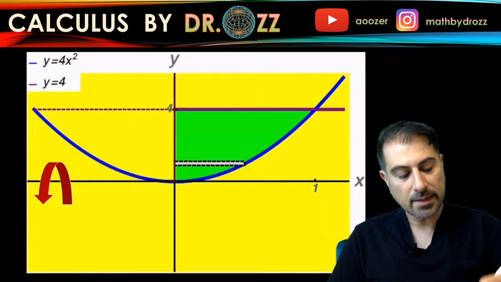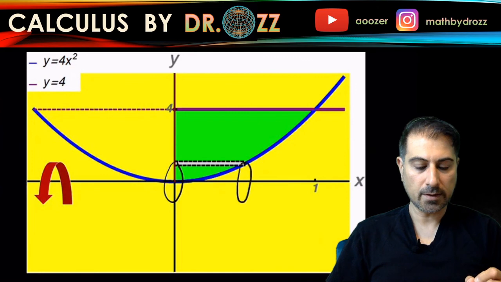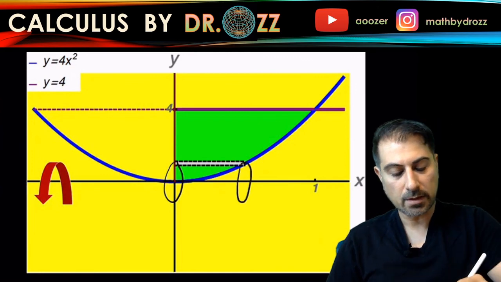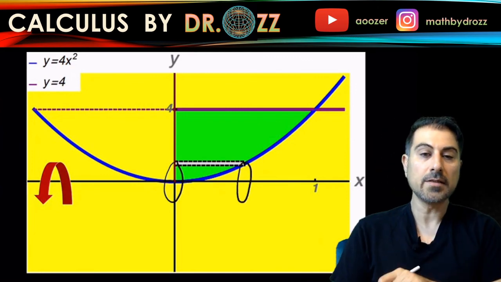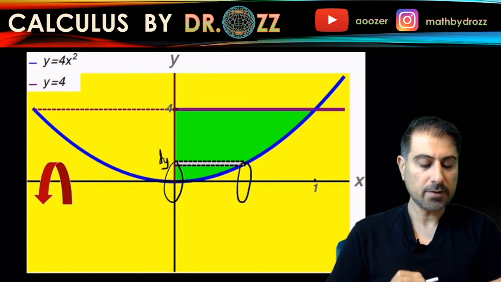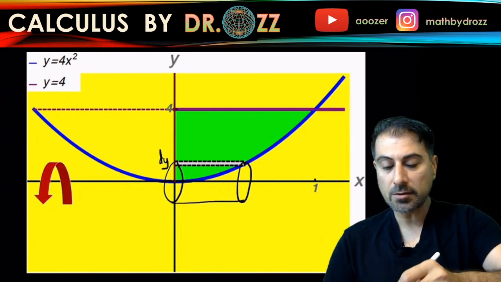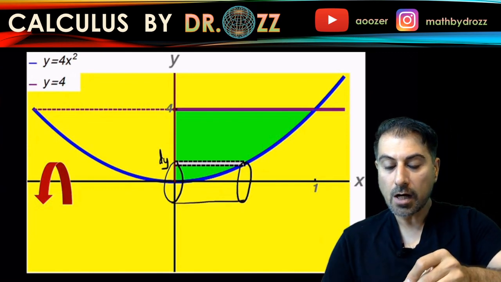Since the thickness part is on the y-axis, the thickness is going to be dy, and I'm going to get a shell like this. To be able to write down the volume of the shell, let's go back to the formula here.